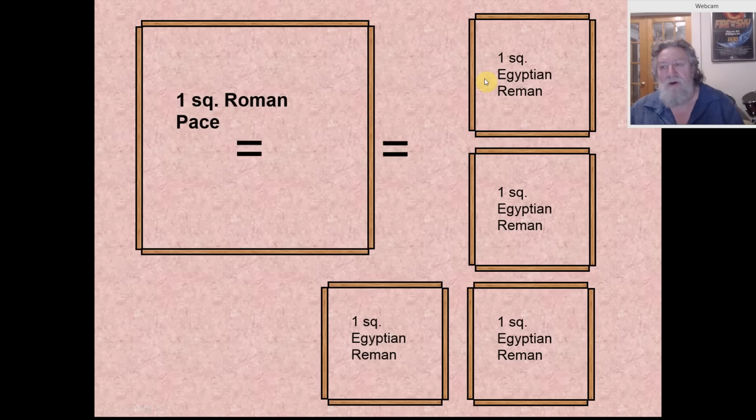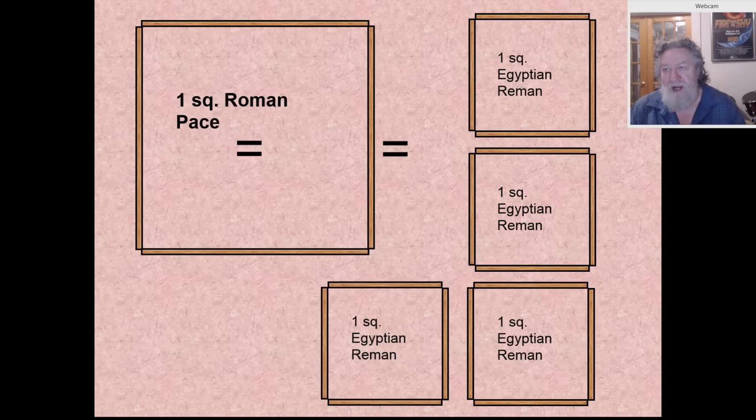This link now between units of measurement was being used in Roman times. In fact, the whole Roman mile was based upon 1,000 of these paces, and the city of Rome was laid out on this grid that was based upon the zero point of the north, south, east, west axes being the center of Rome, and everything was measured out from that according to miles.